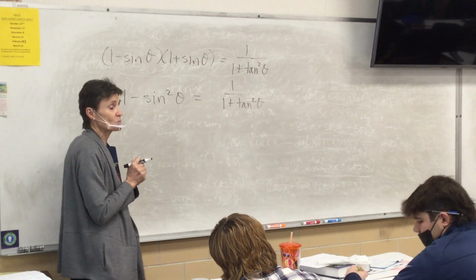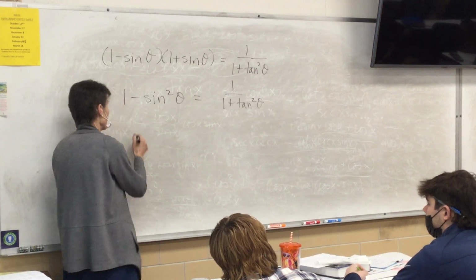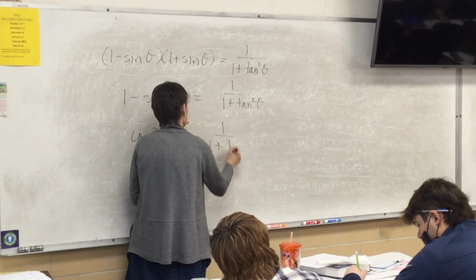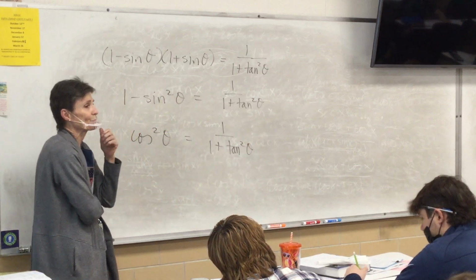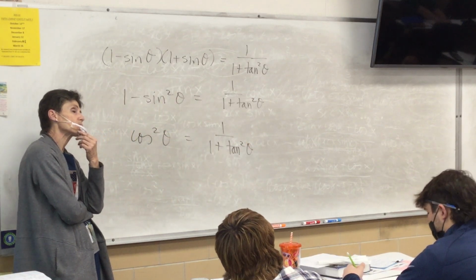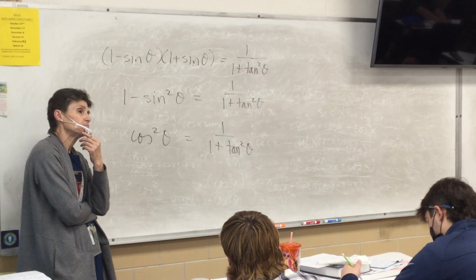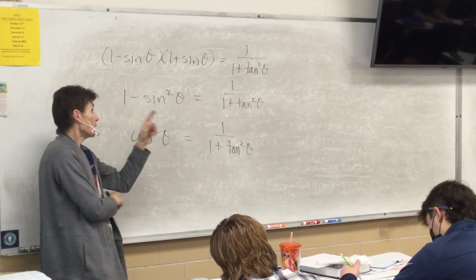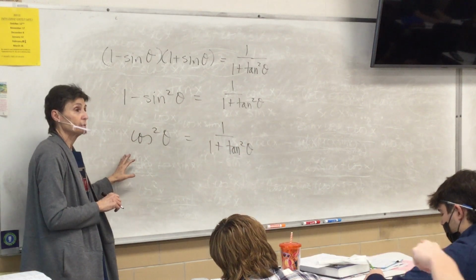1 minus sine squared is cosine squared. Now, David? Should you change the 1? No, because I can't look on that side. I'm stuck over here.